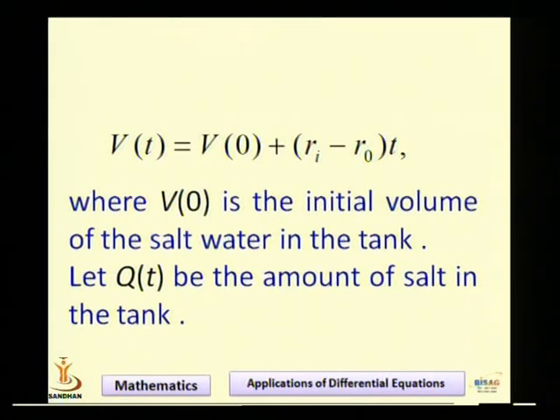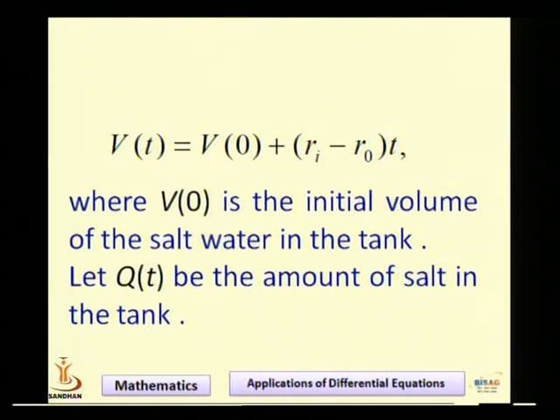When you multiply this difference with the time, that is the amount that is building up inside the tank. That is the meaning of Ri minus R naught into t. So, the volume of salt water in the tank at any time t is given by V of t is equal to V naught plus (Ri minus R naught) into t.